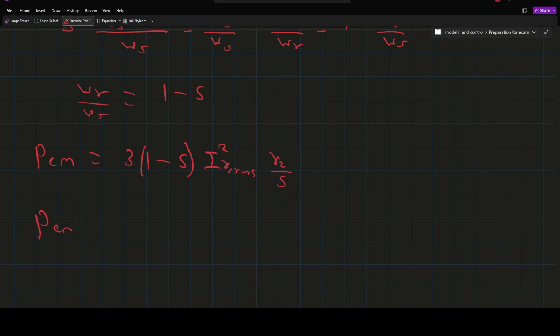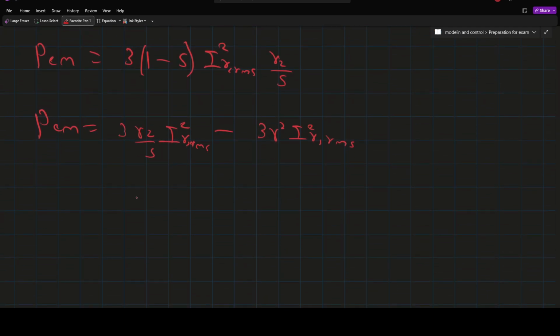And this is gonna give us 3 r2 over s ir squared in RMS minus 3 r2 ir squared in RMS.